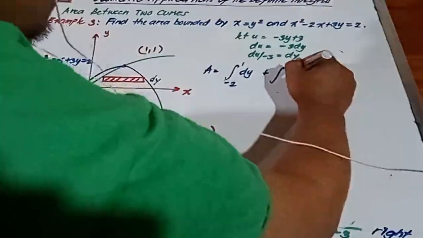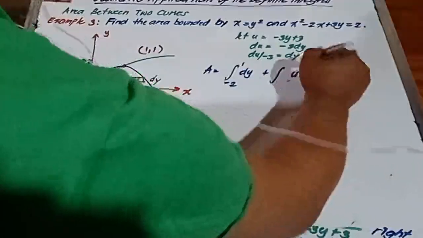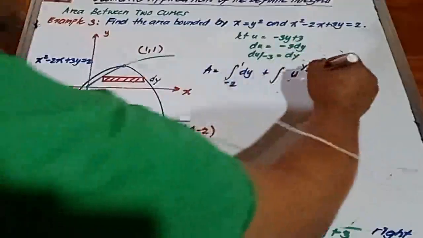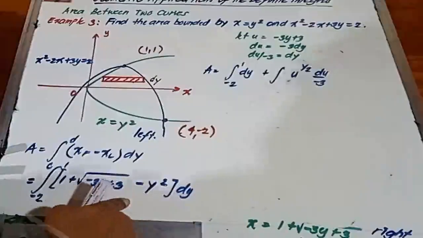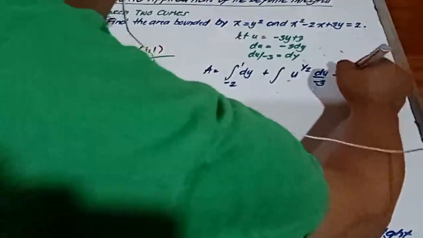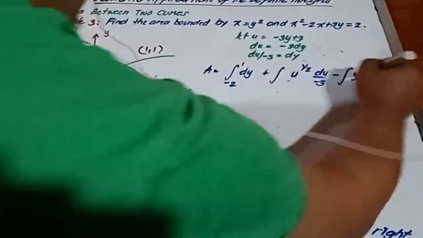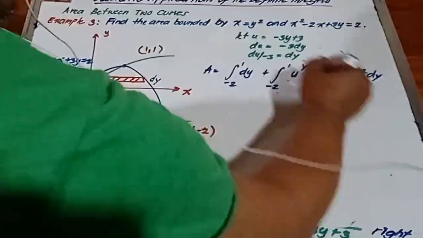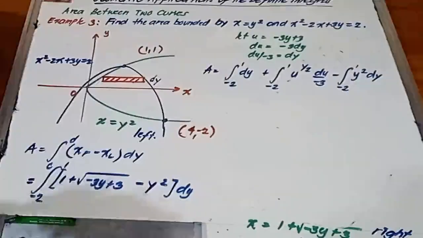Ayun, u. u to the 1 half times du over negative 3, minus integral of y squared dy. This is from negative 2 to 1. So, ginamit ko na yung ating properties ng ating definite integral.